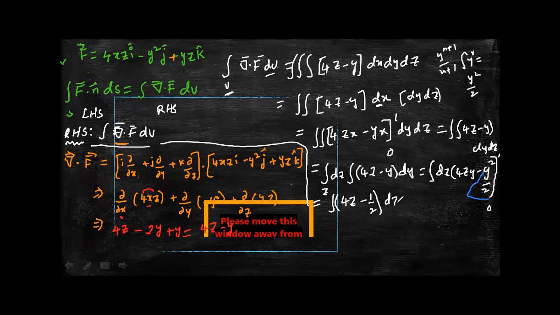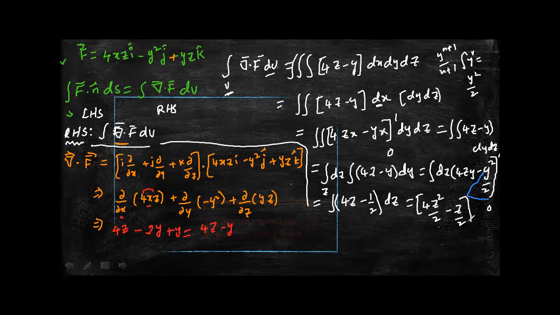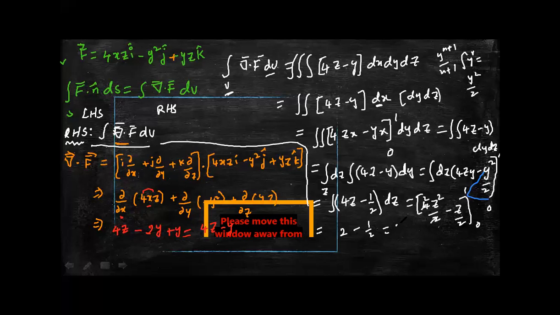So dz. When I do the integration with respect to z, I'm going to get finally 4 z square by 2 minus z by 2. Then 0 to 1. So how much I am going to get? Tell me. 2 ones are 2. So when I substitute 1 here, the limit gives 2 minus 1 by 2, I am going to get 3 by 2.